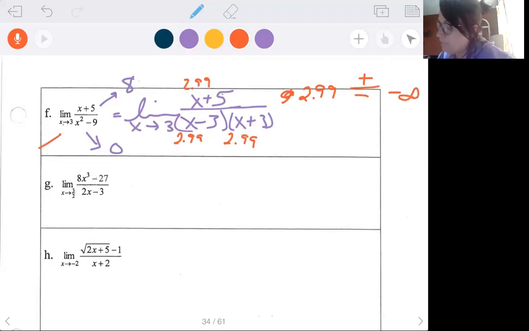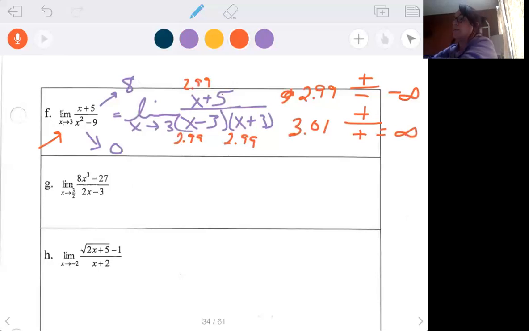But this didn't say from the left. It said from both sides. So I'm going to go try 3.01. The top is still positive. Now the bottom's positive, right? So when the top is positive and the bottom is positive, it means positive infinity. Now, because that was a two-sided limit, and we were going up in one direction and down in the other side, this is a true limit that does not exist.